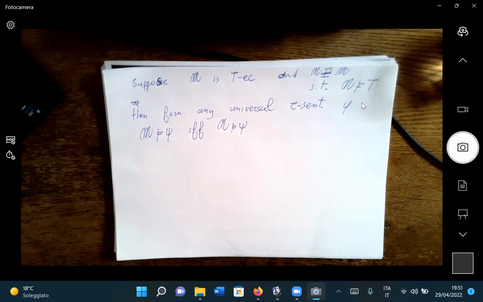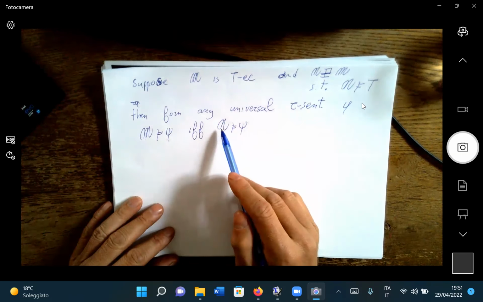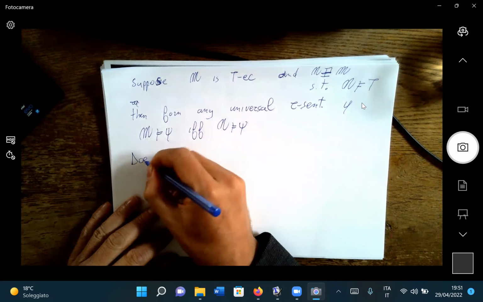You cannot make a universal sentence true in M false in some superstructure of M which is a model of T. Does the converse hold?